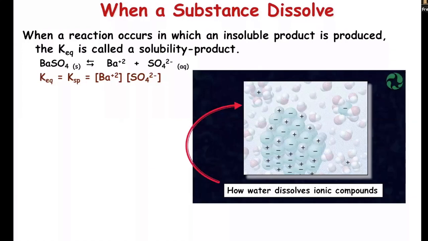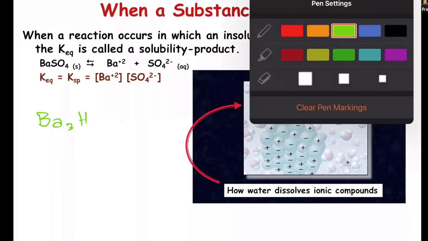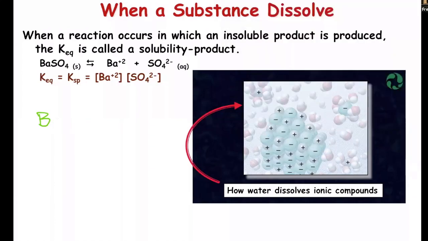Like for example, say I have barium, actually that's barium. Barium is a +2, okay? And so in this particular case, barium phosphate, PO4.